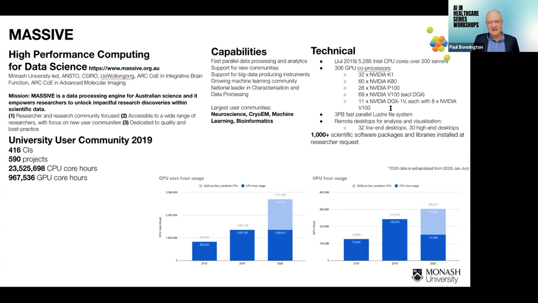GPUs turned out to be, this is again predating work we've been doing in deep learning, but it predates really, it's actually what was needed to deal with the data deluge for that middle layer of the microscope. And so consequently, it's got a rich GPU-focused capability, and that serviced at the time communities such as neuroscience, cryo-electron microscopy, and bioinformatics. Now it's actually been turning its attention to supporting machine learning and AI.